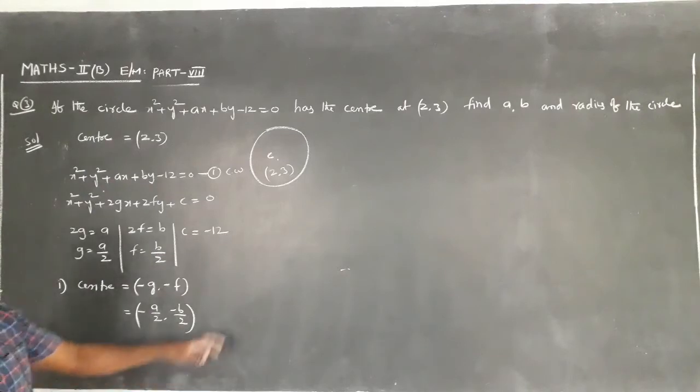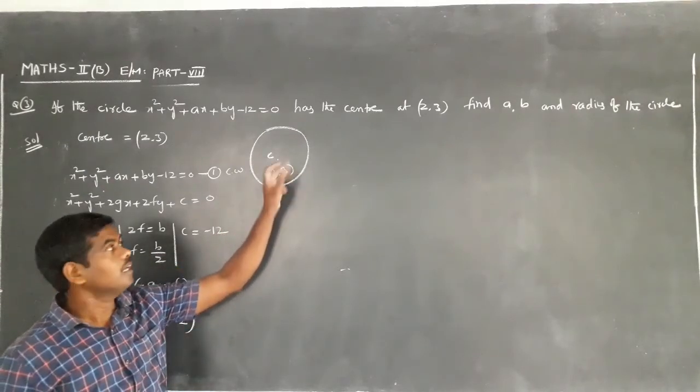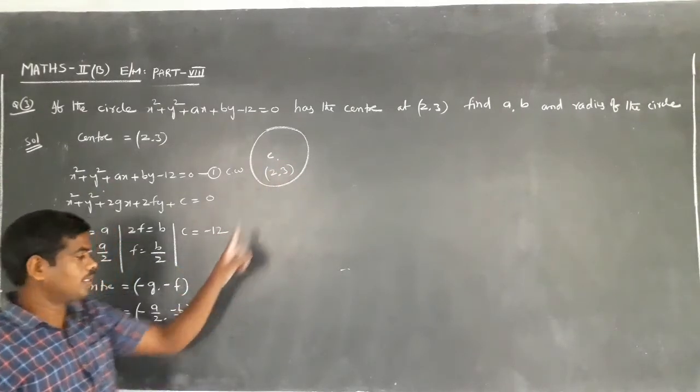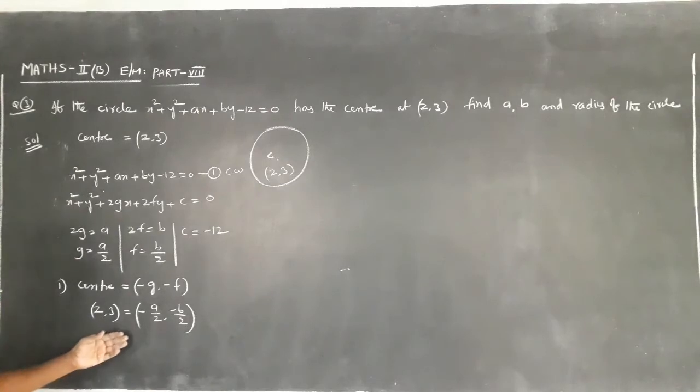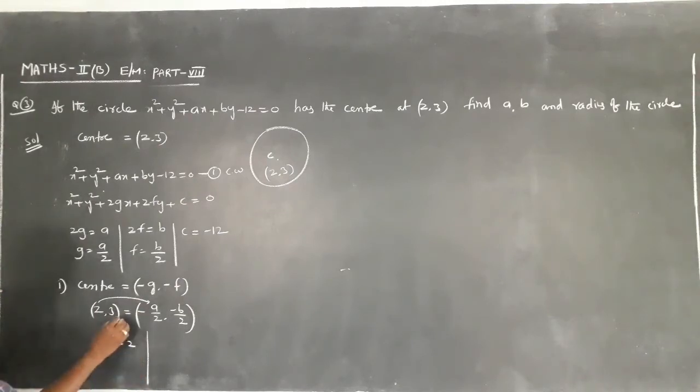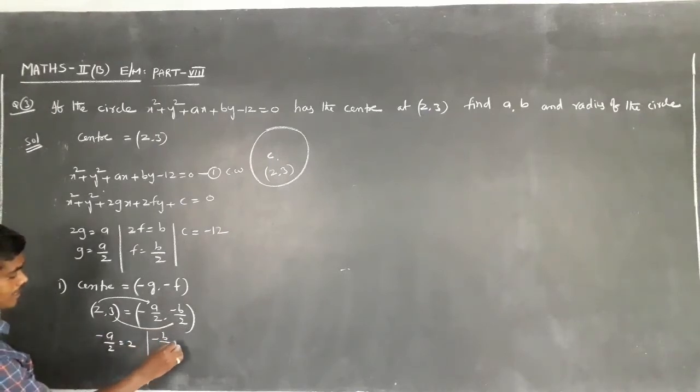Already it is given that the center of the circle is 2 comma 3. Equating the center, equating x coordinates, minus a by 2 is equal to 2, and equating y coordinates, minus b by 2 is equal to 3.